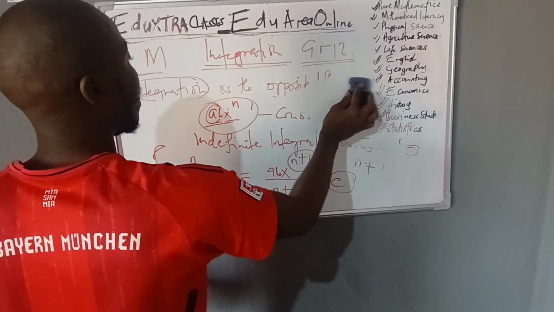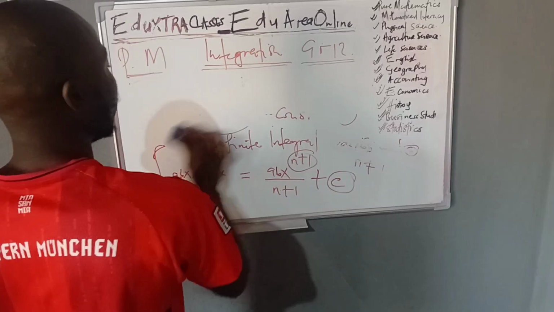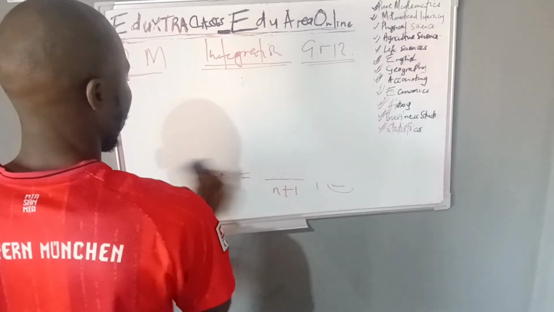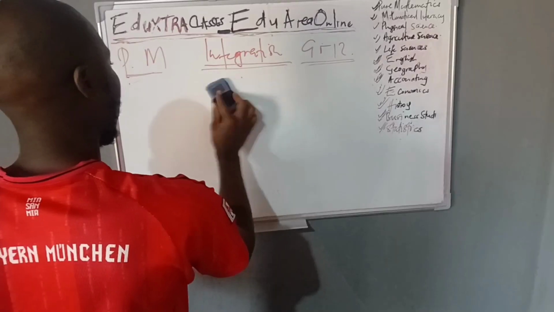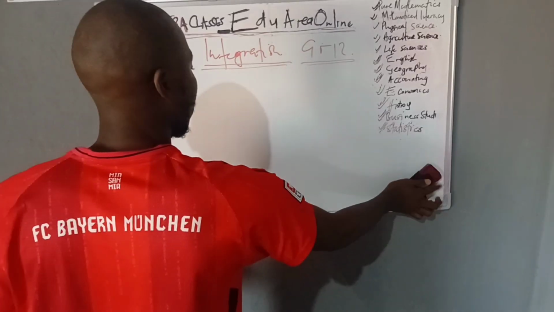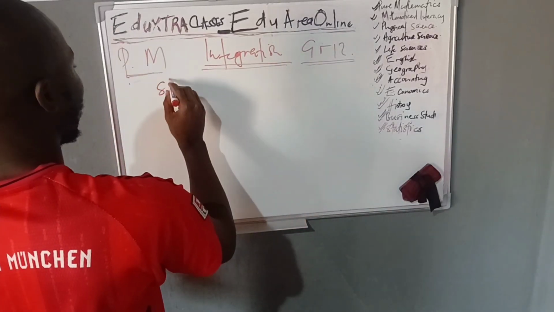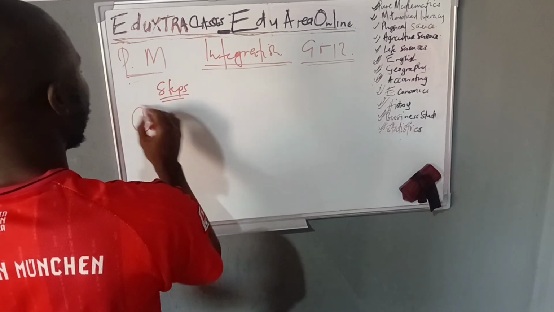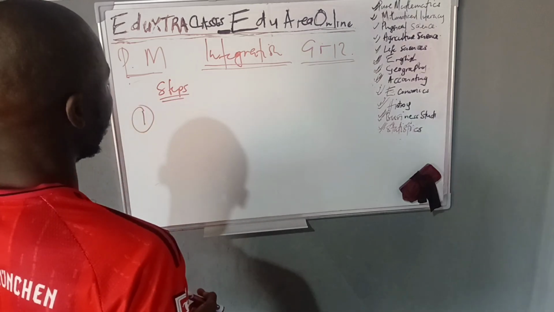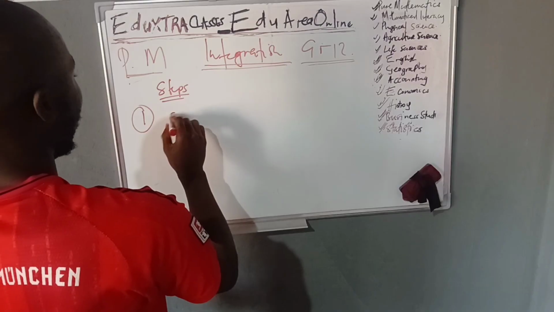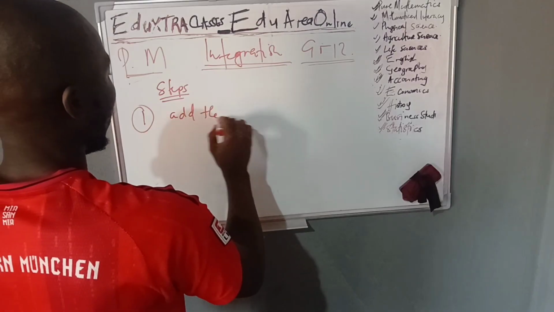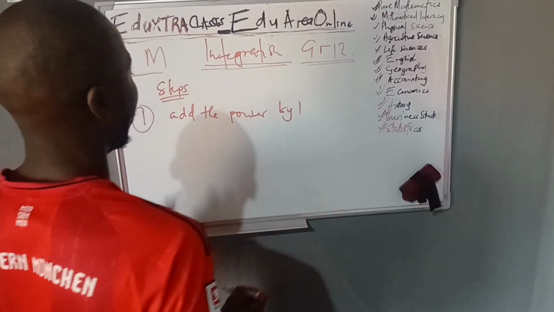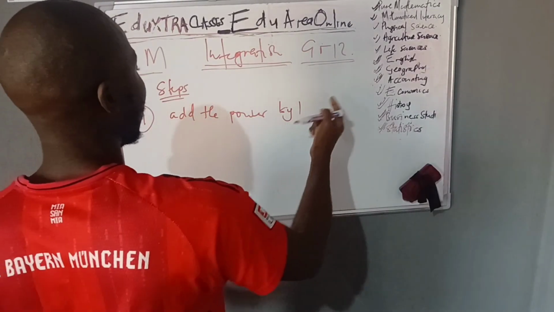So the steps that we can follow when doing an indefinite integral. So what are the steps? The steps that you follow when you are integrating: we say add 1 to the power. So we add 1 to the power, that is adding plus 1.